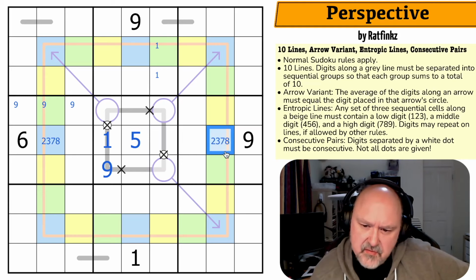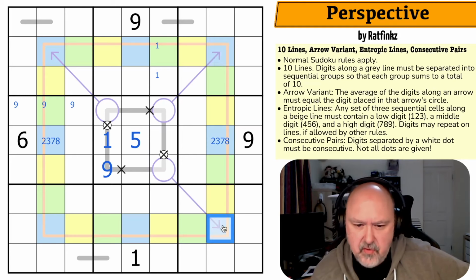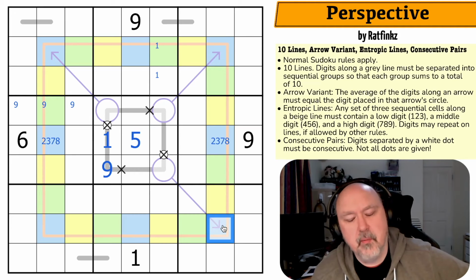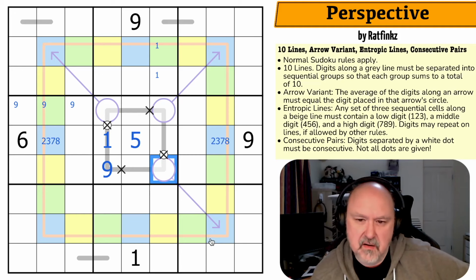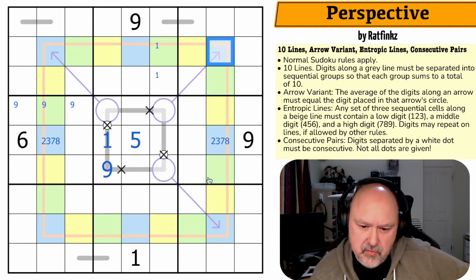If this is a 7 or an 8, there's a 9 in one of those, but I don't see why that's a problem. Because as I said, I could go like 9, 7, 8 would be fine. These must have an even total, though.